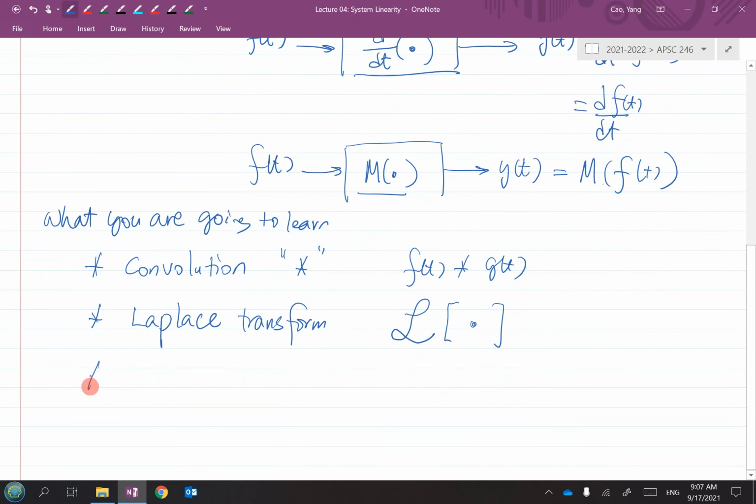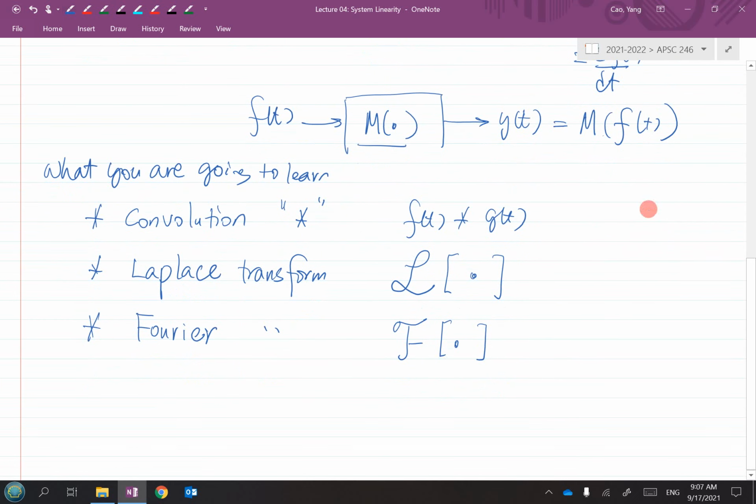At the end of this course, we're going to learn another one called the Fourier transform. The Fourier transform uses the letter F to operate on the input signal and give a transformed signal called a Fourier transform. That's another operator. It's a very specific operator, very much like a derivative, but a more complicated operation.